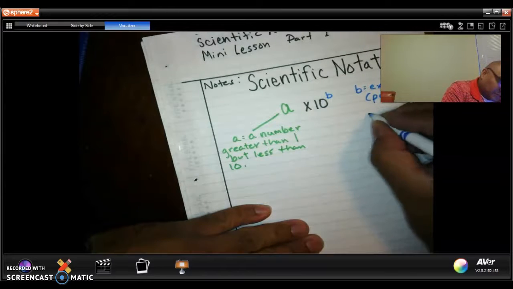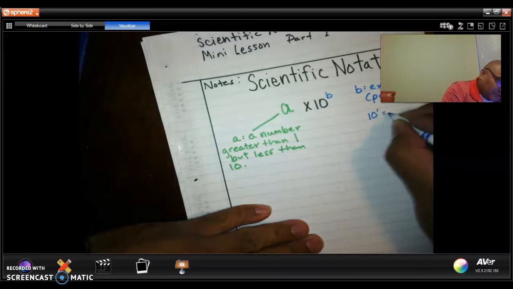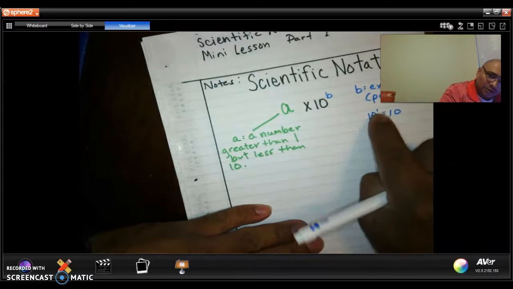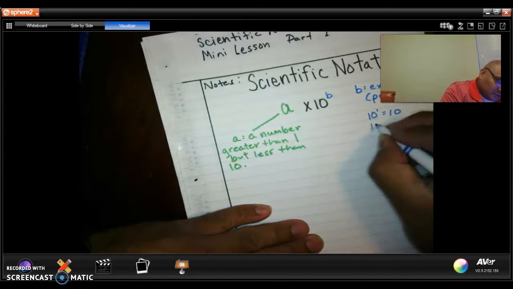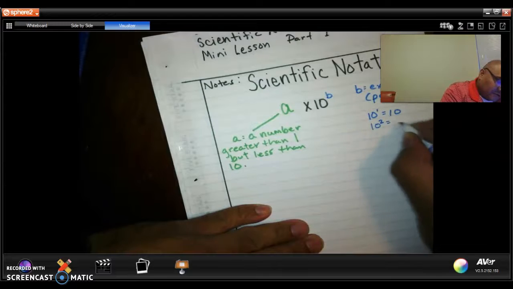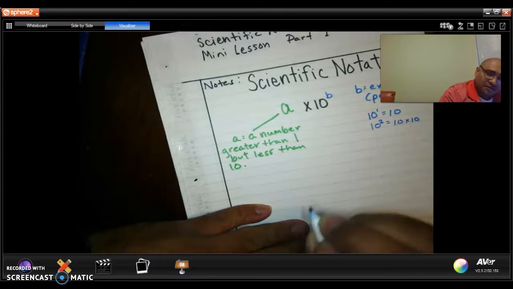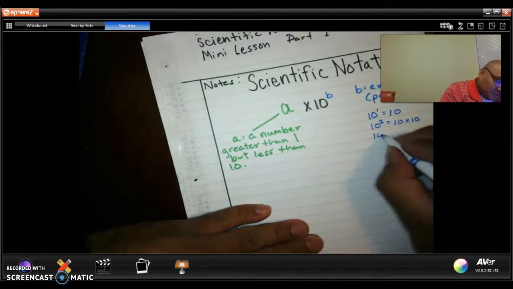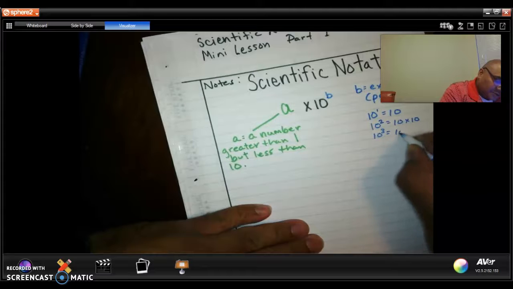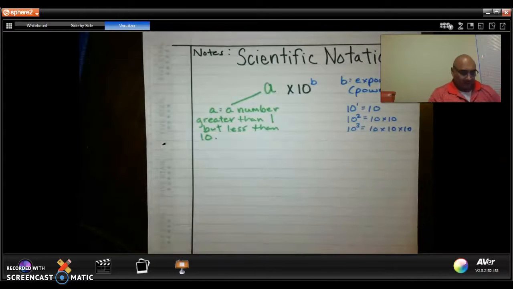So for instance, 10 to the first power is 10 because there's only one 10. 10 to the second power is 10 times 10. 10 to the third power is 10 times 10 times 10. Okay?